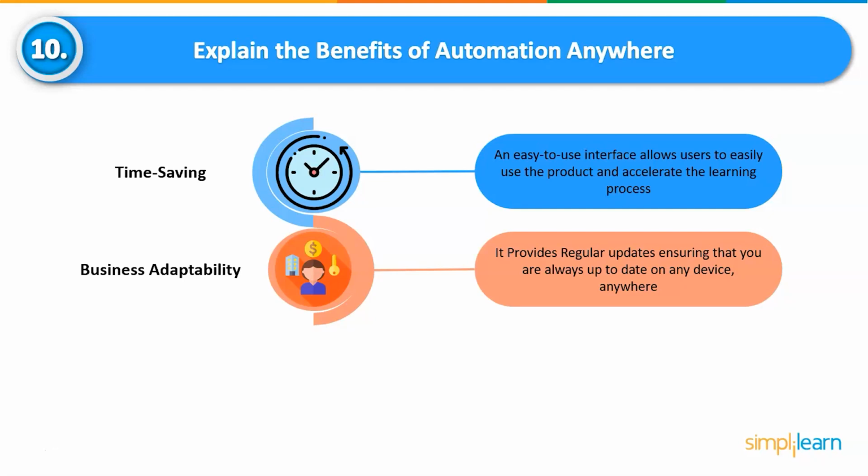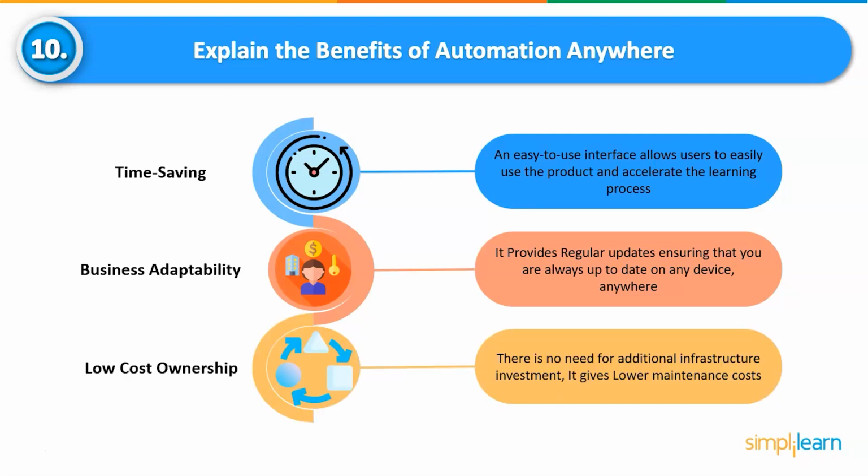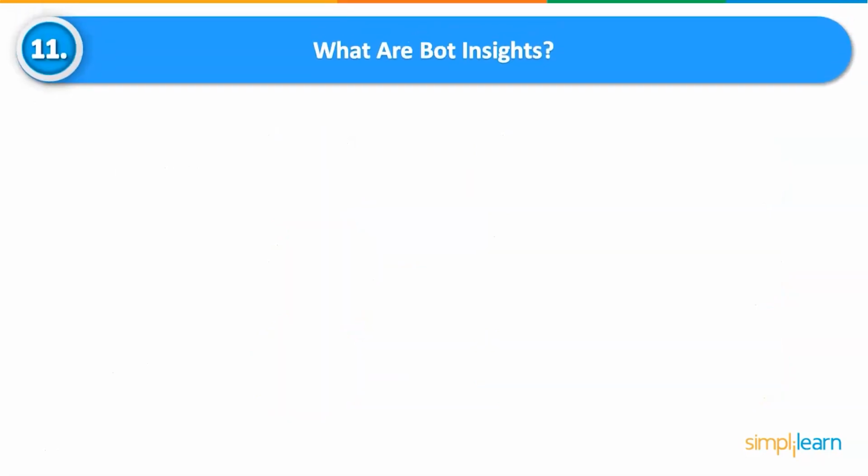It provides continuity of operations with high availability and disaster recovery. Low cost of ownership: there is no need for additional infrastructure investment. A unified platform for front office, back office, and employee applications. It gives lower maintenance cost.